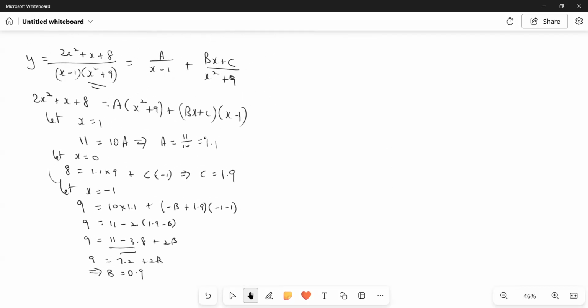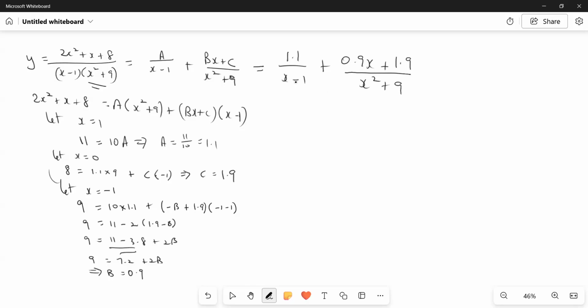So this whole thing becomes A is 1.1 over x minus 1 plus what's B? 0.9x plus what's C? Can't see what C is. 1.9, right? 1.9 over x squared plus 9, right?